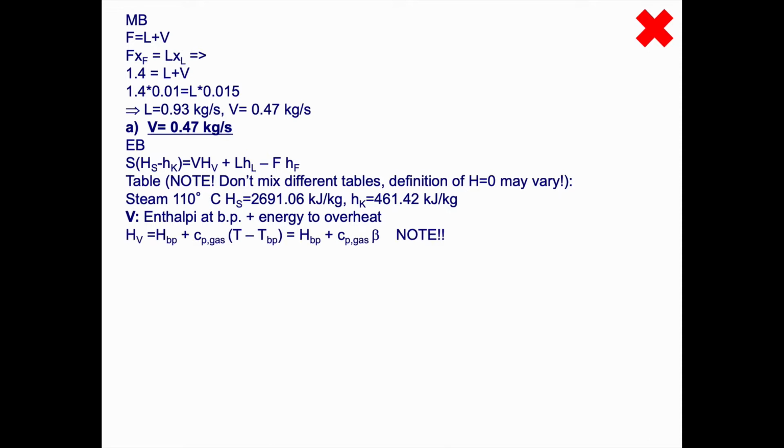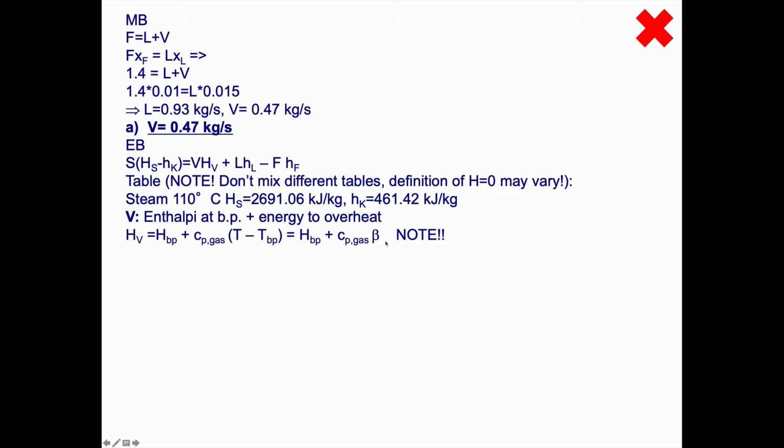So we get this equation here. Enthalpy of the vapor is enthalpy at the boiling point plus Cp for water as gas times the temperature T minus the boiling point. So this is the same as HBP plus Cp gas times beta.